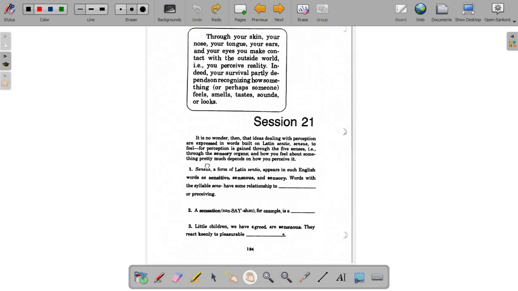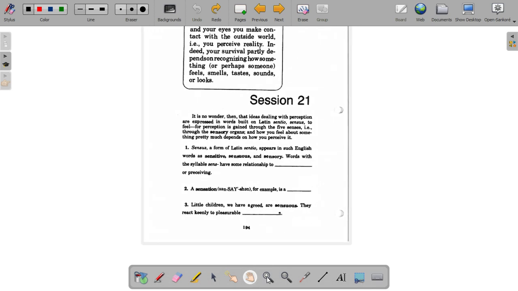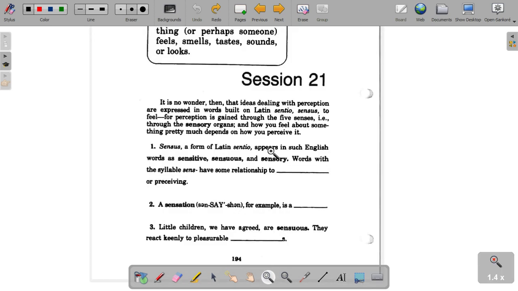Okay. So here we have sentio, which we've been talking about before, census, and they all have to do with feeling, if you remember from earlier. All of them have to do with feeling or perceiving. A sensation, for example, is, of course, a feeling, as I'm sure you knew.